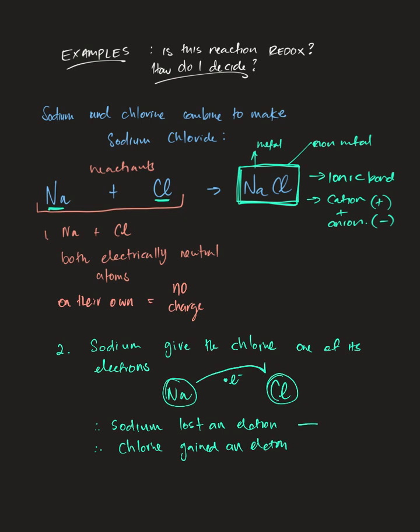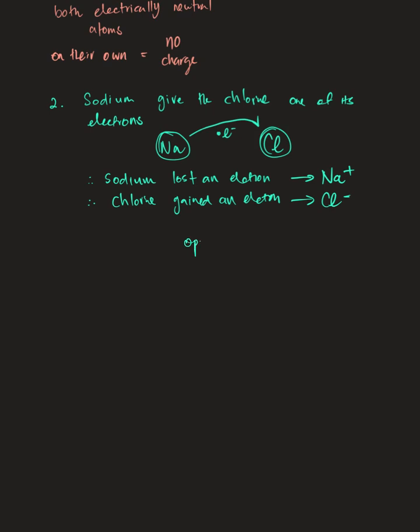And if sodium is going to lose an electron, it's going to become more positive. So I'm going to be left with Na with a charge of 1 plus. And chlorine gained, so it becomes Cl. It was at 0, and now it's Cl, 1 minus. And because opposites attract, and I know that because I need a cation and I need an anion to make an ionic compound, they're going to stick together.